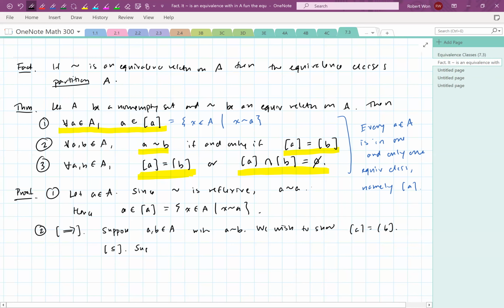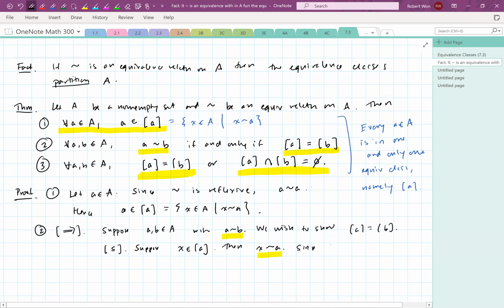So suppose X is in the equivalence class of A. What does that mean? That means that X is equivalent to A. But now, look, X is equivalent to A and A is equivalent to B, and equivalence relations are transitive.